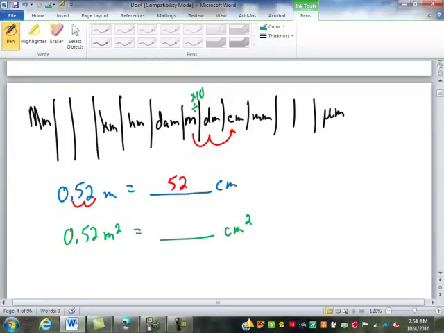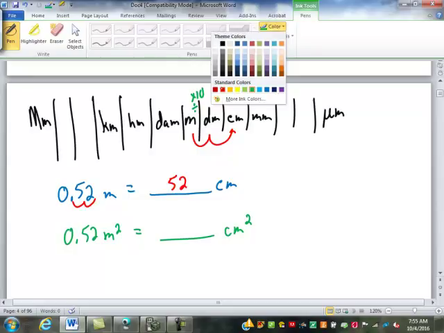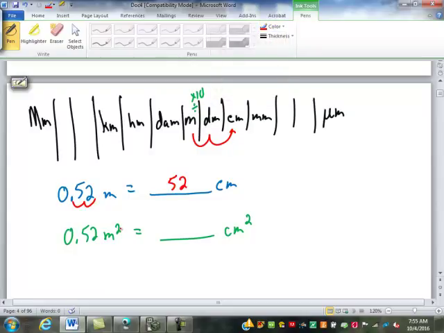So when we're dealing with square units, each spot on the chart is multiplying or dividing by 100. When you multiply or divide by 100, you move the decimal point 2 places instead of 1. Either way you think of it, every spot you move on the chart means the decimal point has to move how far? 2 spots, right? So if we're going 2 spots to the right on the chart, when it's squared units, the decimal point has to move 4. So fill in zeros. That's 5,200 centimeters squared.